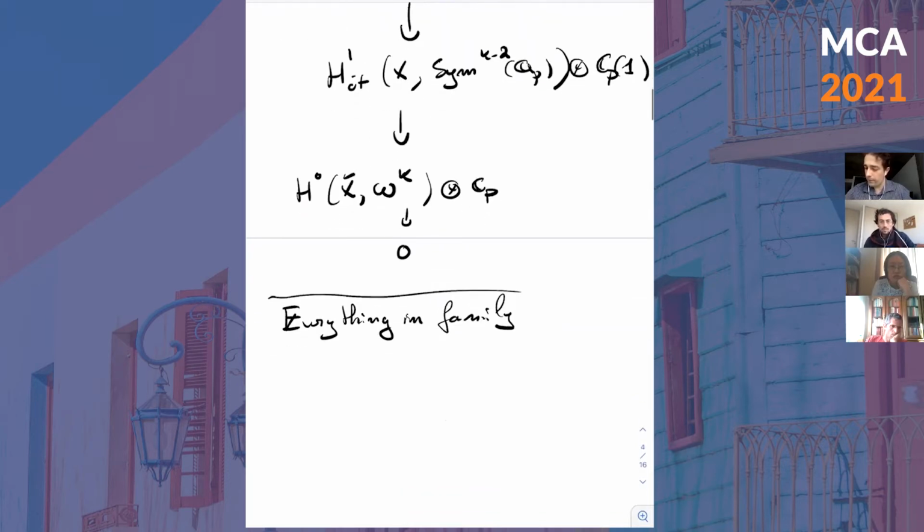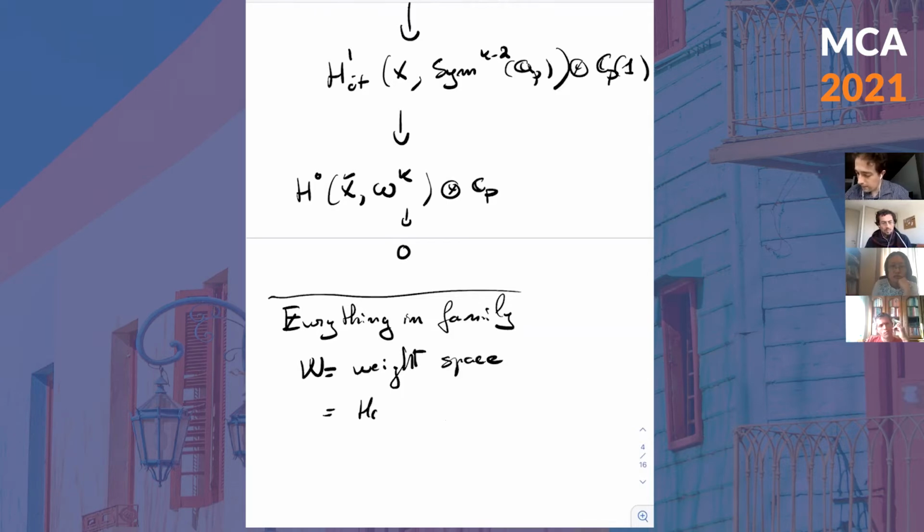Family, for example, we can define a sheaf, a local system on X. Maybe it's a good moment to introduce the weight. Let me define W, the weight space. What is it?